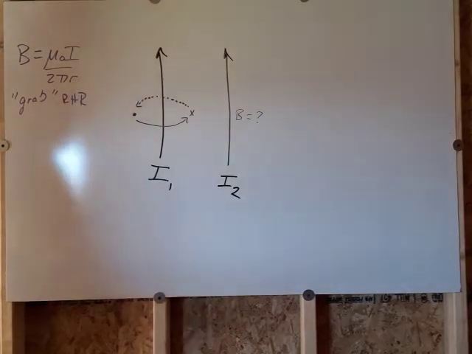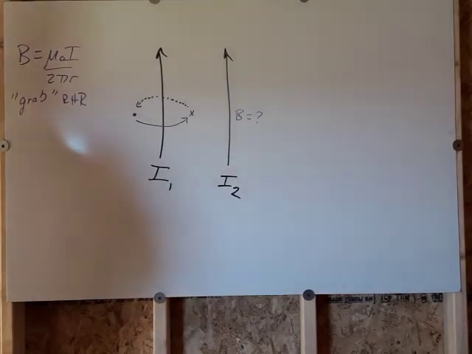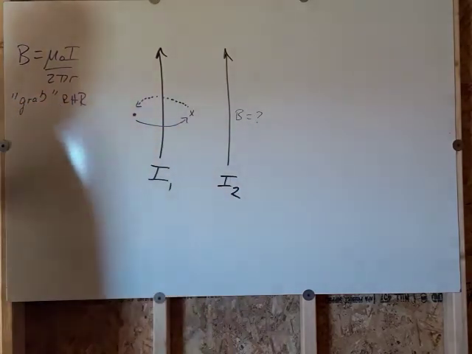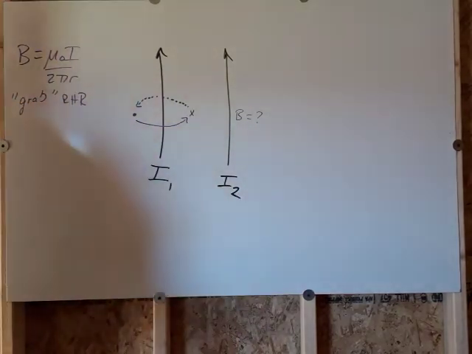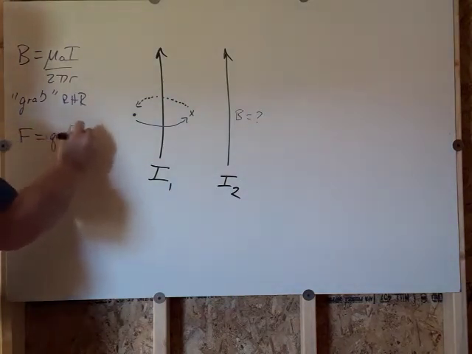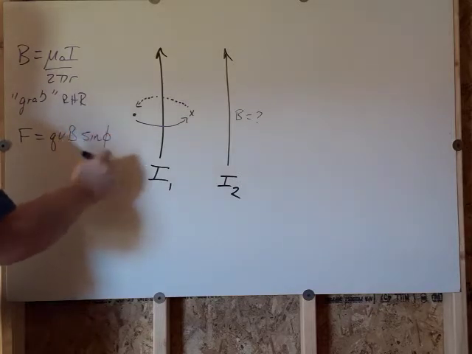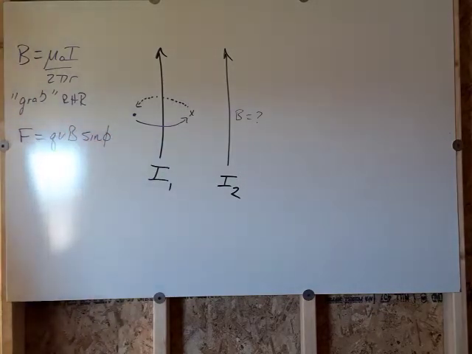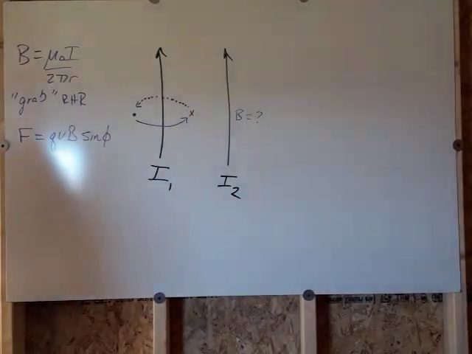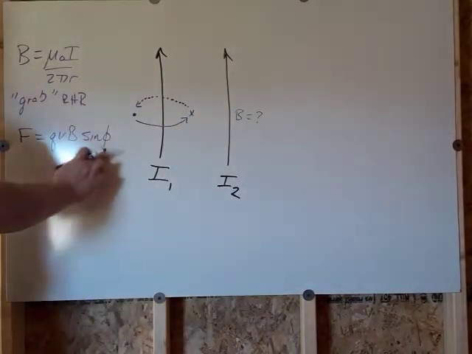Then we want to know what the force is on these things, because there's a magnetic field here and there's a current here, so there's going to be a force on it. For the force, we use F is QV B sine of phi. In these cases, odds are sine of phi is going to be 1. We're going to put things at right angles because it's nice and easy. But sometimes we don't.